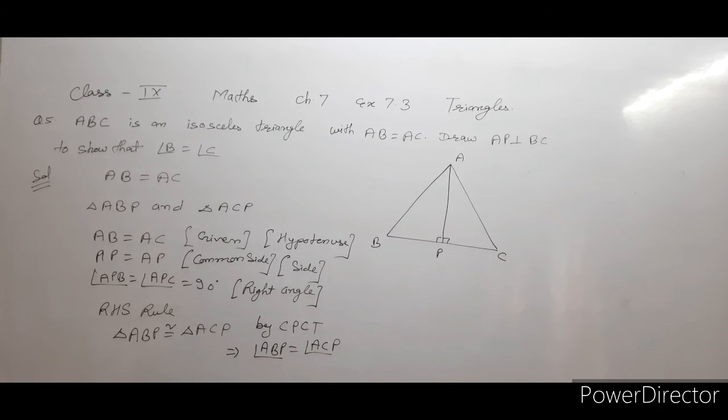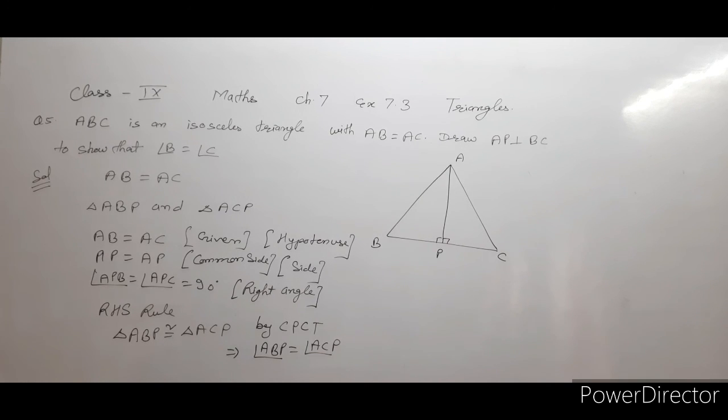And third, 7.3, is related to the congruency of two triangles, if all three sides are equal, and with that if RHS property is applied, that means in a right angle triangle, the hypotenuse and one side are equal to another right angle triangle's hypotenuse and one side, then these two triangles are congruent.